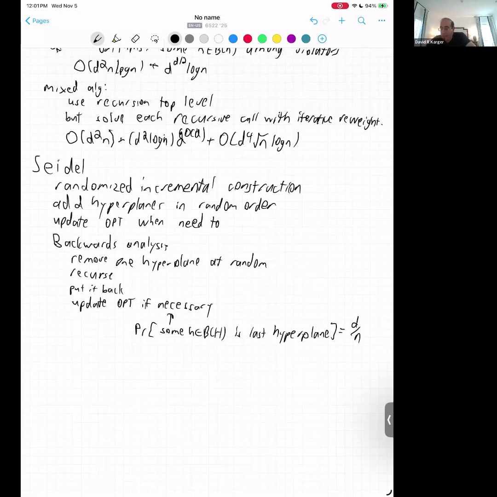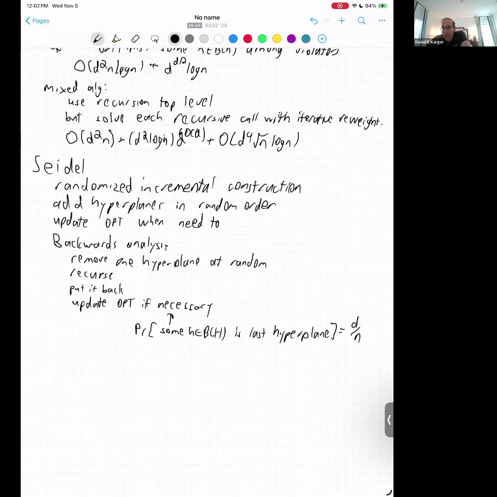All right, so this is a very small number, right? Because we're assuming d is a small constant. So we almost never have to update, which is great. But there is still the problem of, well, we have to update. What's really nice about Seidel's algorithm is that in the previous cases, when we looked at the violators, we said we have this set of violating hyperplanes, but among that set is an optimum hyperplane.